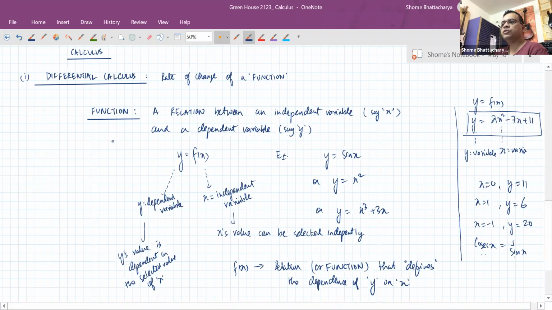So when we are talking about functions, whether in physics or in maths, even in future in maths in class 12, functions is going to be predominantly single variable functions. So single variable functions means we have only one independent variable. Okay. So only one independent variable.